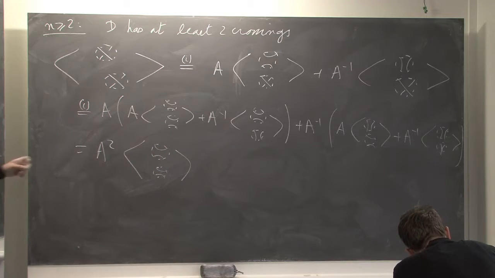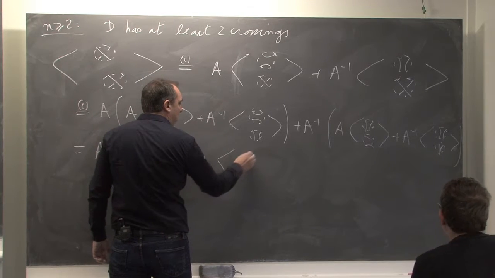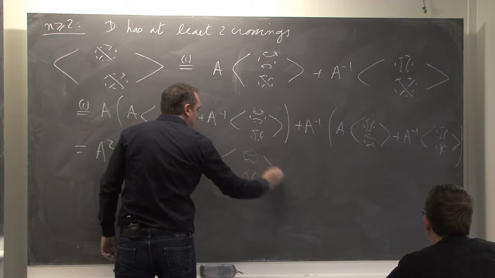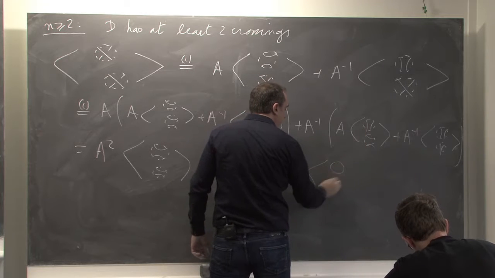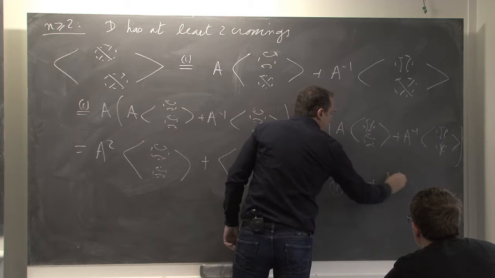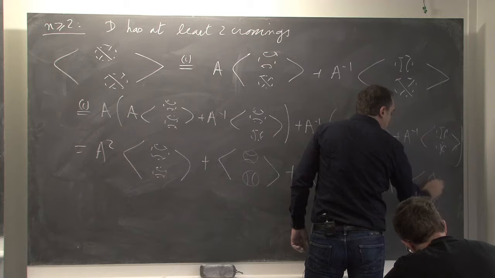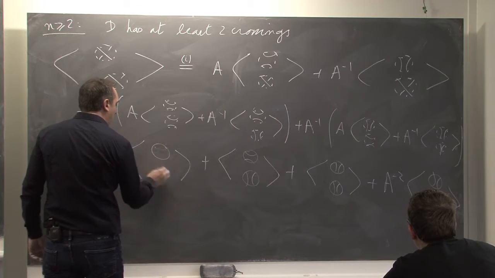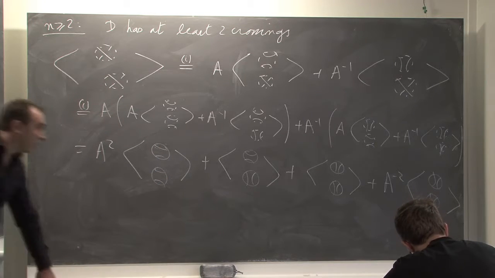The bracket polynomial of this diagram, plus the bracket polynomial of this one, plus the bracket polynomial of this one, plus A minus 2 times the bracket polynomial of this one. Okay, but what can we see?